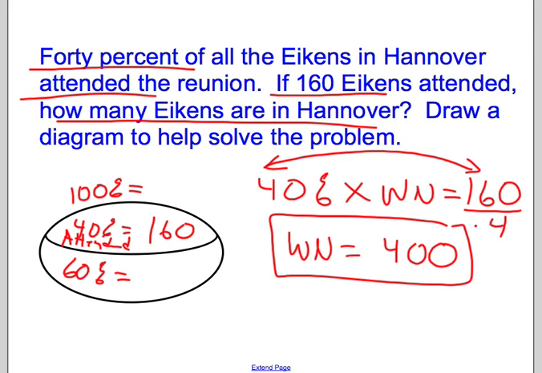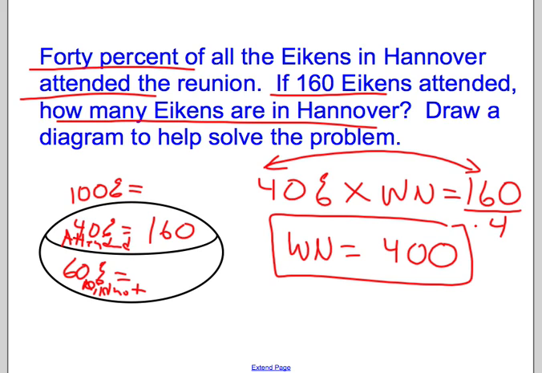And then where is that going to go in your diagram? Jake Ivins? 60% equals 100. Remember with this, 40% was what attended, 60% was what did not attend.